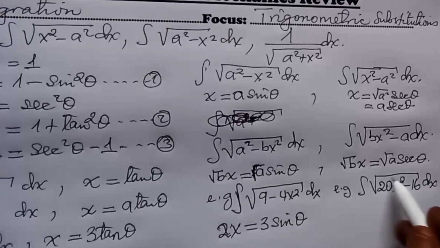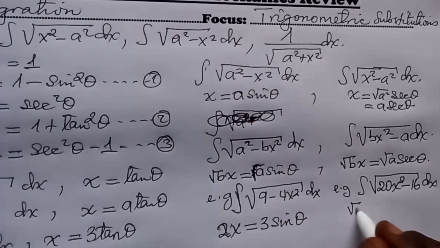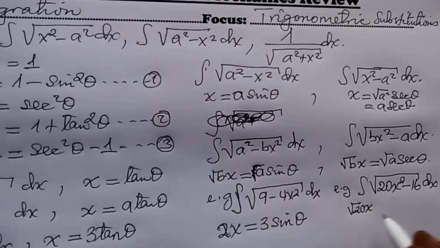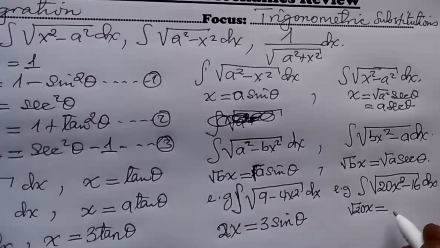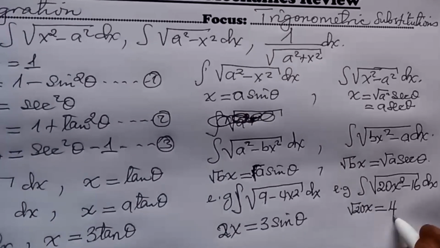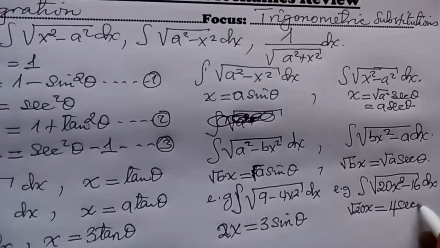Again, the substitution will be the square root of the variable term, which is root 20, then x, equals the square root of the constant term, which becomes the coefficient of my trig function that I'm bringing in. Square root of 16 gives 4, and since the variable term is positive in the difference of two squares, I will be using sec theta for the substitution.